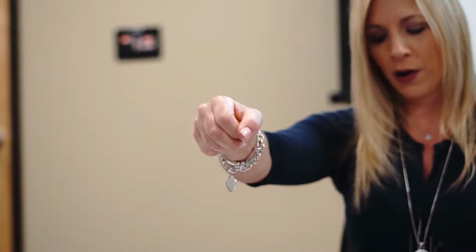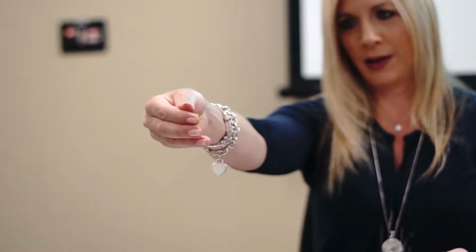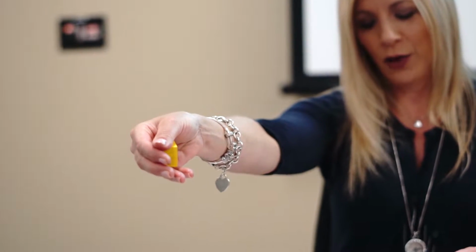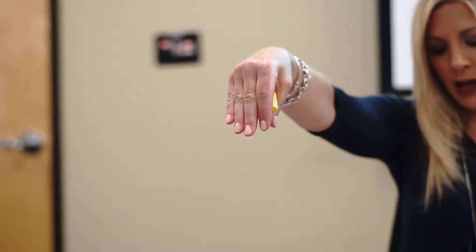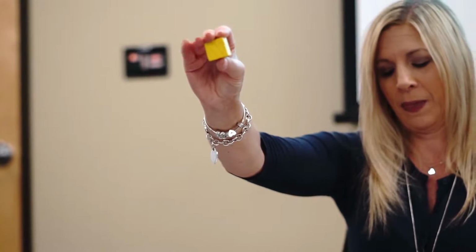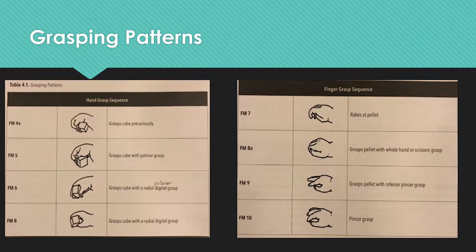Grasping the cube with a palmar grasp is more like this. Grasping the cube with a radial palmar grasp is like this. And then grasping the cube with a radial digital grasp is like this. The child will get credit based on how they're holding that cube. It's helpful to bring the picture of these grasping sequences with you. These are all in your manual.